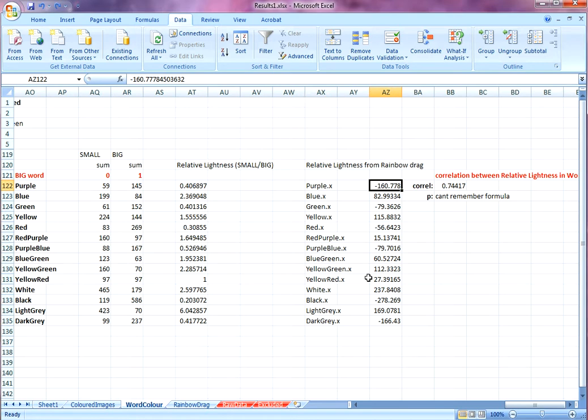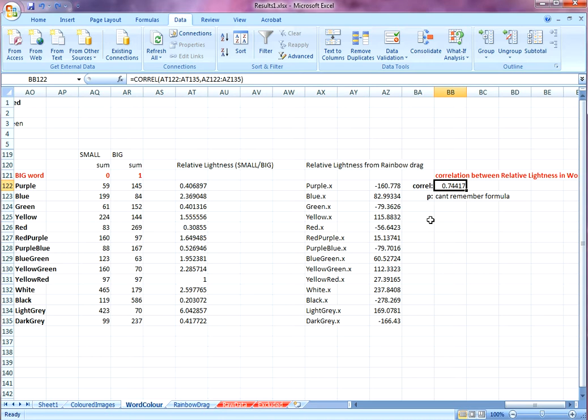So let's look at black. If the value is below 0, it's heavy. If it's above 0, it is light. So black is pretty heavy in contrast to white, which is pretty light. Now what we can do here is correlate this column with this column, and we get a value of 0.74417, and that's probably a very healthy correlation, and I imagine we got quite a nice low p-value there.